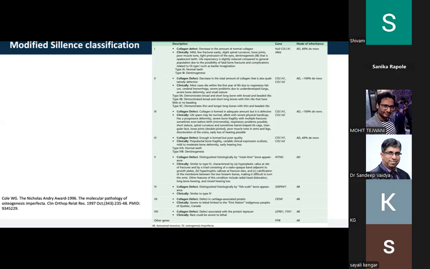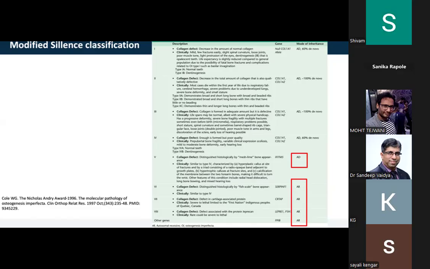Type 5 has autosomal dominant transmission, whereas types 6 to 11 have recessive transmission. These types from 5 to 11 constitute only about 5% of the total cases of OI.